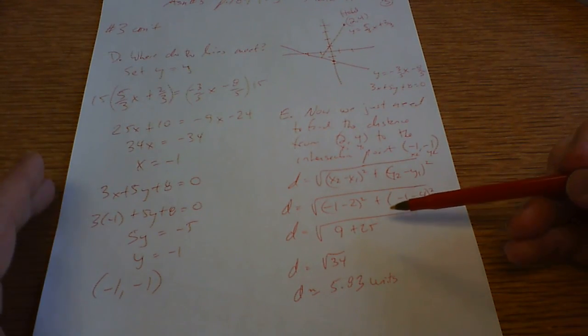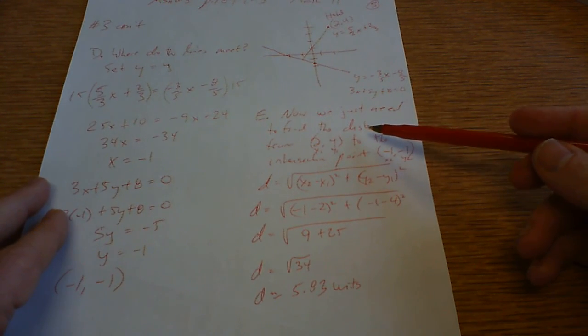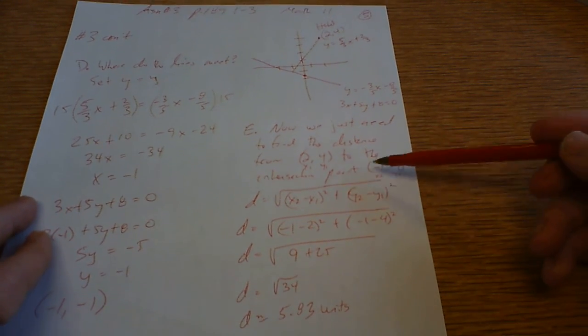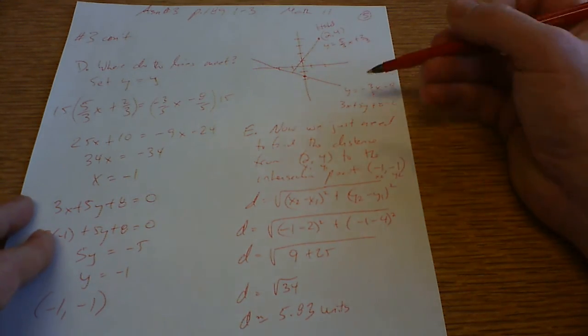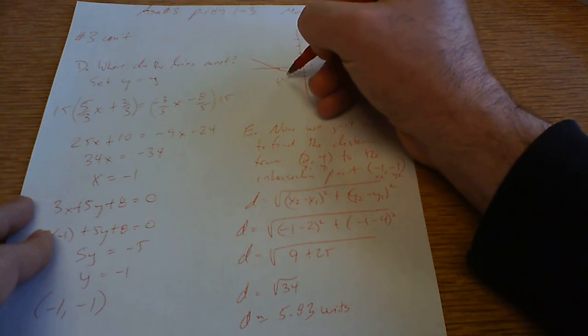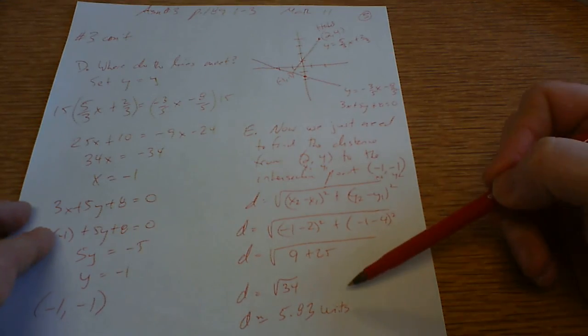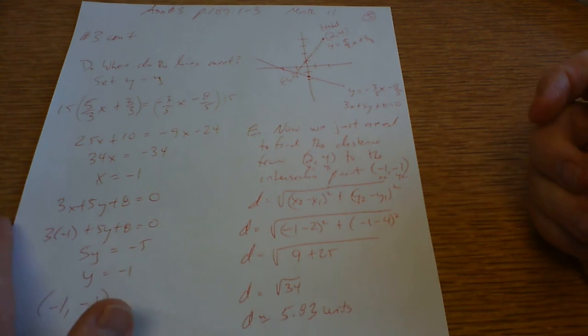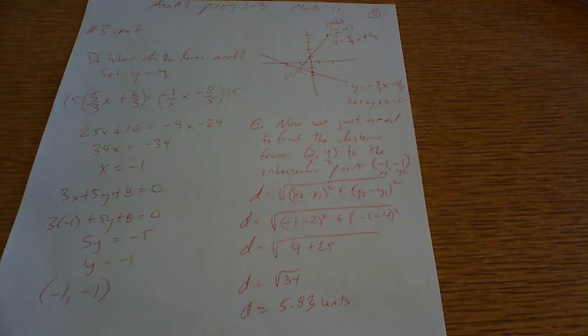Okay, so now we just need to find the distance from here to here, because that's what the question is actually asking for. And now that I know this is negative 1, negative 1, find the distance between these 2 points. Distance formula, plug it in, and away you go: root 34, 5.83, and that is that. If you have any follow-up questions, please let me know.